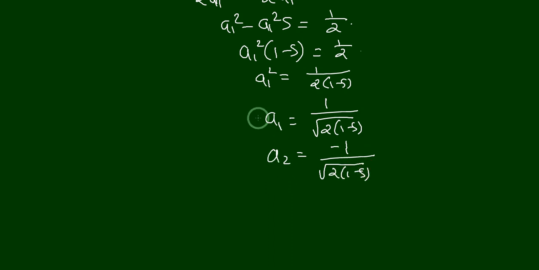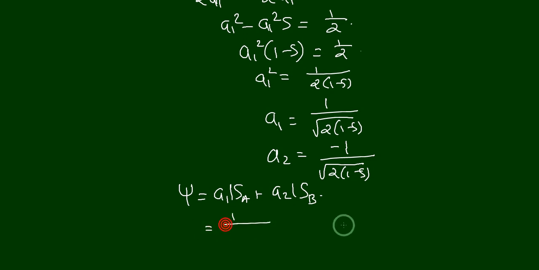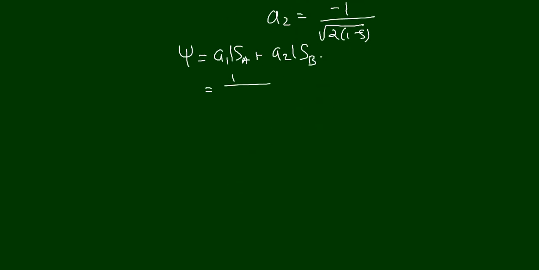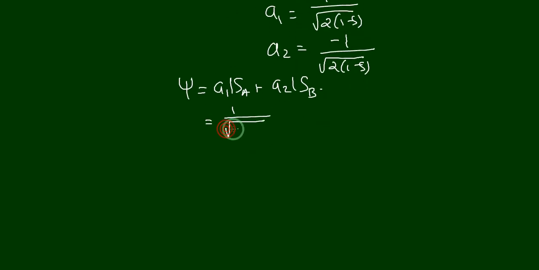Okay, so now we can substitute A1 and A2 in our psi equation. Psi is equal to A1 1sA plus A2 1sB. So let us substitute for A1 and A2 here. That is equal to 1 divided by root of 2 into 1 minus S, 1sA, now A2, that is minus 1 divided by root of 2 into 1 minus S into 1sB.